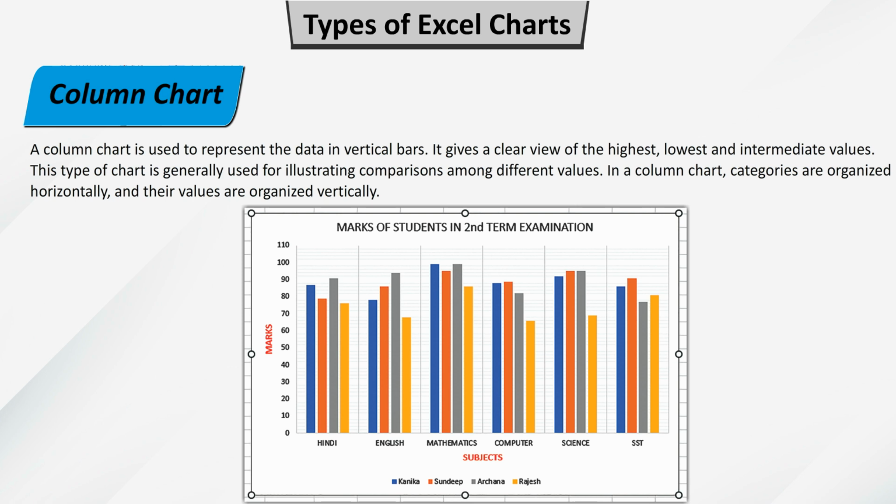It gives a clear view of the highest, lowest, and intermediate values. This type of chart is generally used for illustrating comparisons among different values. In a column chart, categories are organized horizontally and their values are organized vertically.